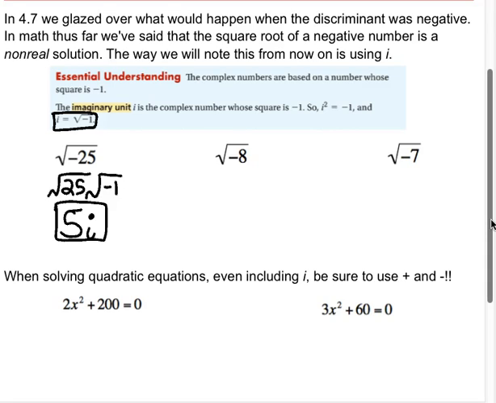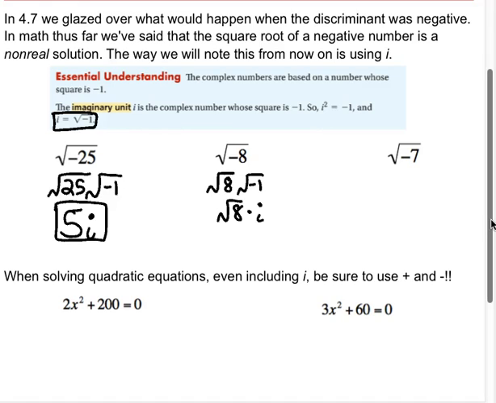Now, the square root of negative 8. Again, what we're talking about is 8 and negative 1. So right now, we have this as square root of 8 times i, but that square root of 8 can also simplify, right?